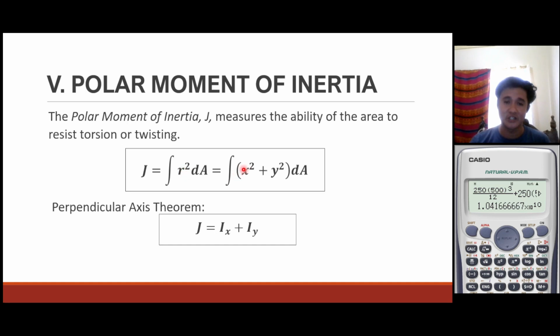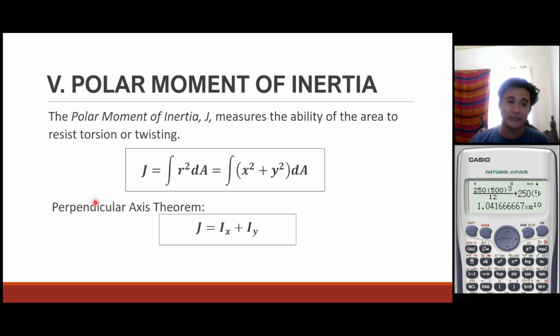That is just equal to the integral of x squared plus y squared dA, the differential area. Okay? When we distribute dA to x squared and y squared, x squared dA is our moment of inertia with respect to y, and y squared dA is the moment of inertia with respect to x.